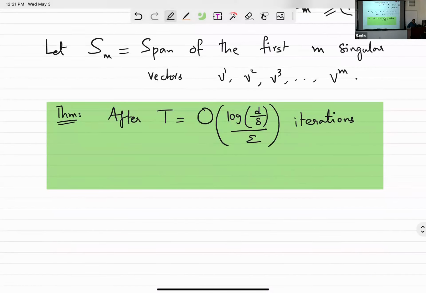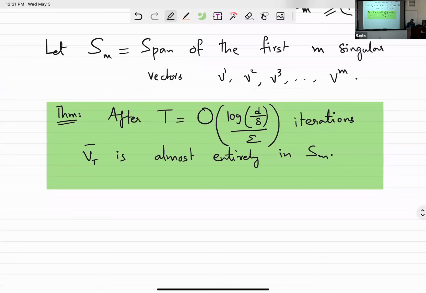In particular, if I run it for t, which is roughly log d over delta or epsilon iterations, then vt bar is almost entirely in Sm. So you run it for this many iterations, and the vector that you end up with is in the span of the top singular vectors. We don't know which one it's going to pick because all of them are equally good for us, but it's going to be within their span.